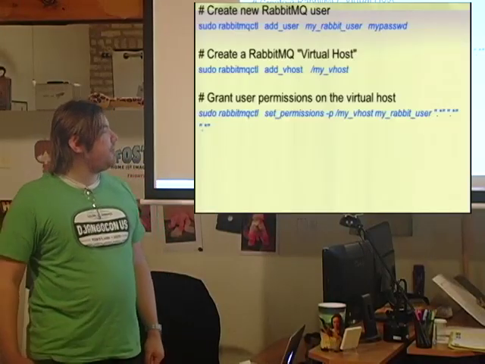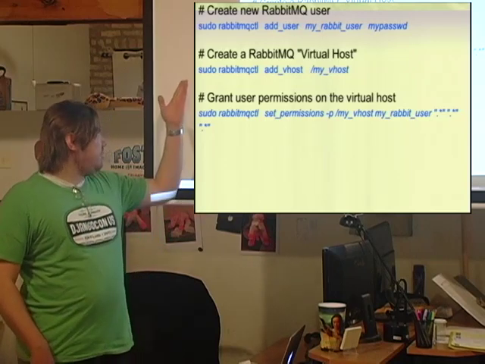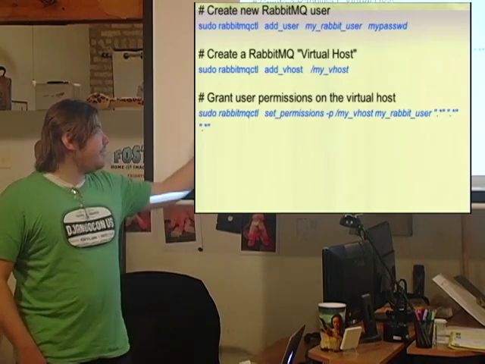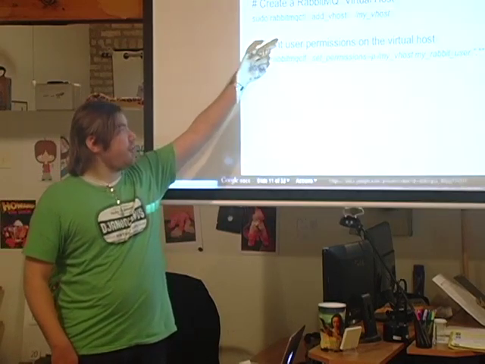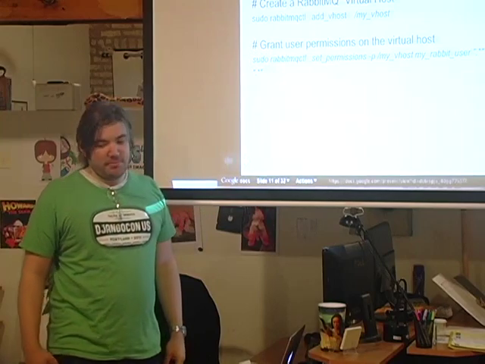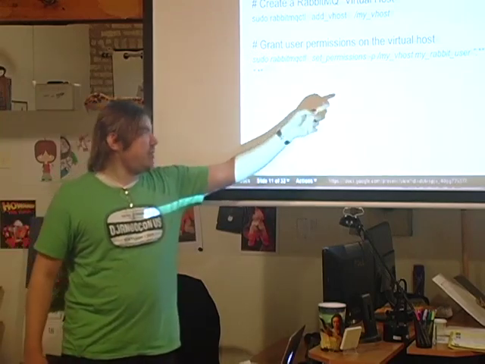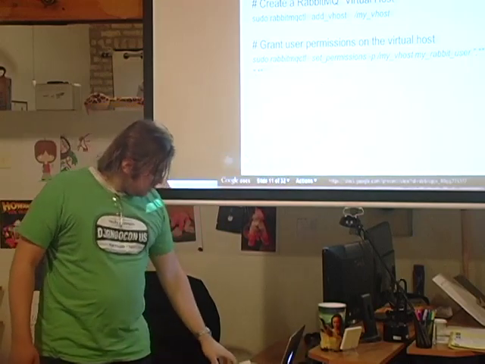So there's a lot of different options you can use with that, but these are to get you started. And then you're creating a user, a virtual host, which is like a sphere of access. And then you're going to give that user permission to access that virtual host.